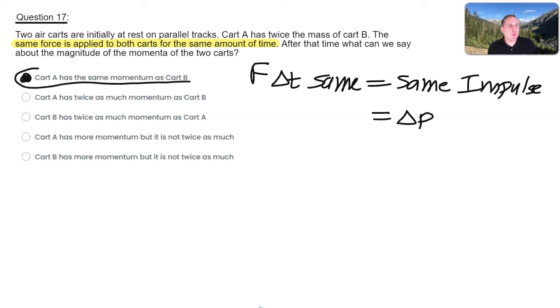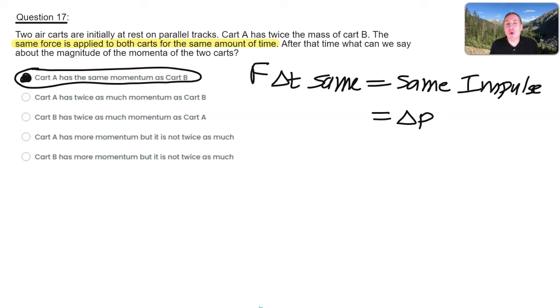Now you may say, wait a second, cart A is more massive than cart B. I agree. But even though cart A is more massive than cart B, they will have the same momentum because they have the same change in momentum.